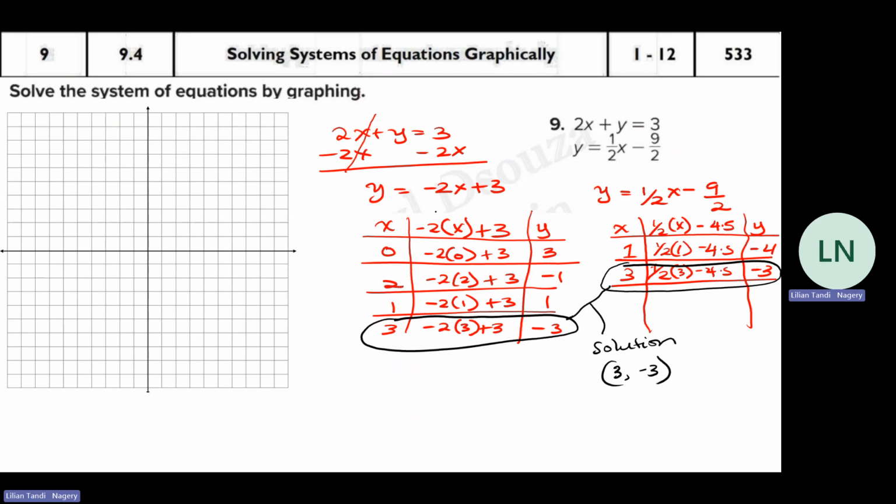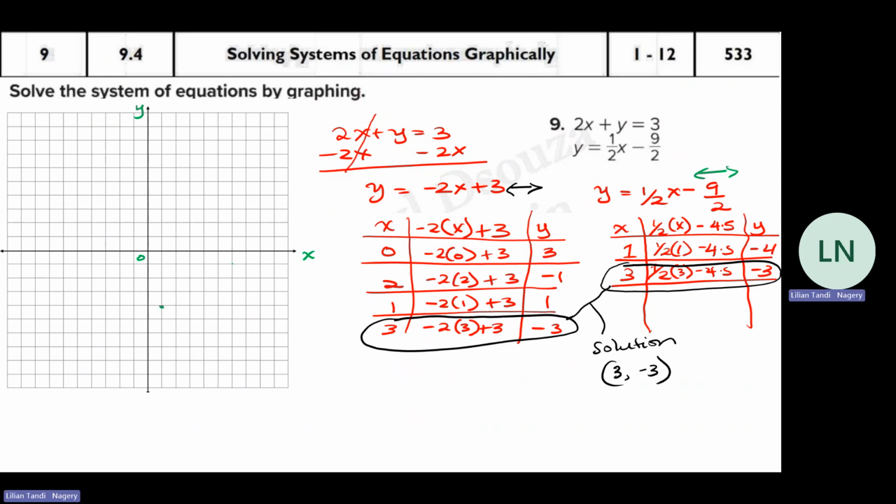Okay, so this one I will use black, and this other one I will use green. All right. So let us plot the green one first. So this is x, this is 0, this is y. 1, negative 4, 2, 2.